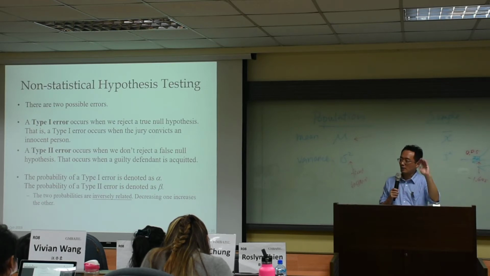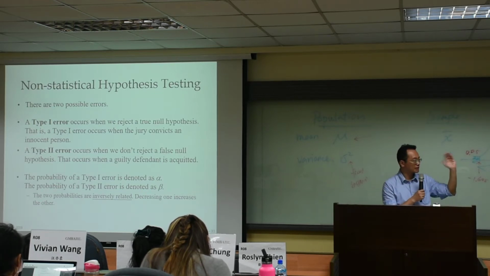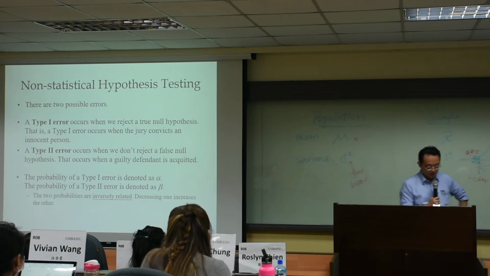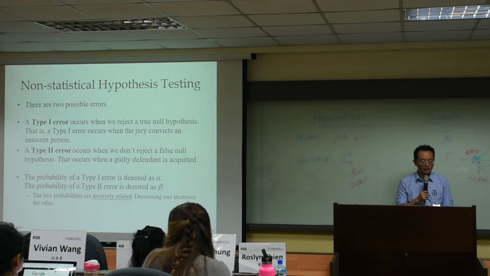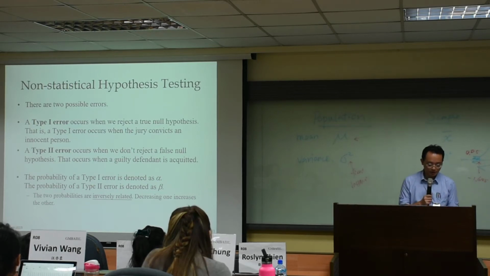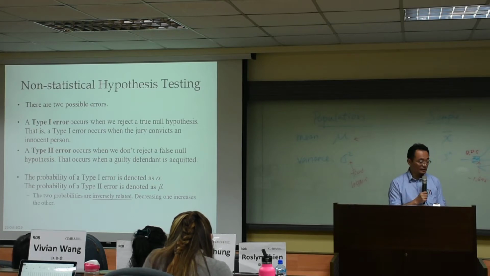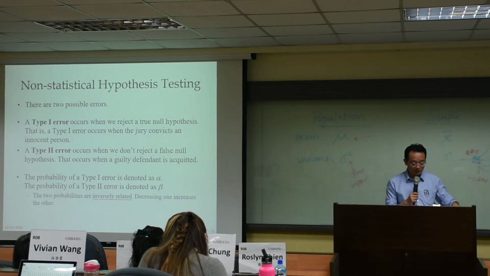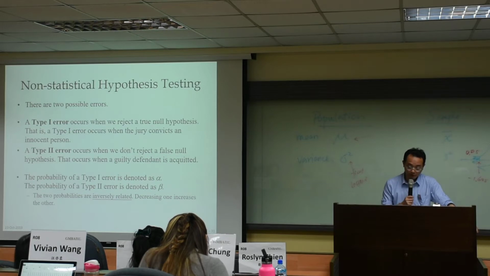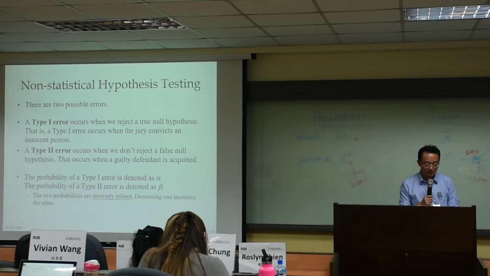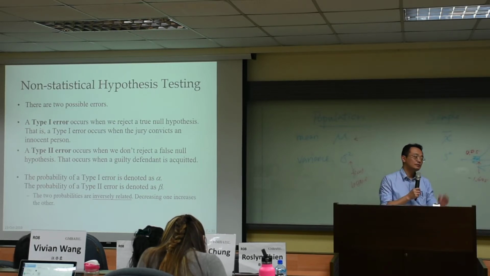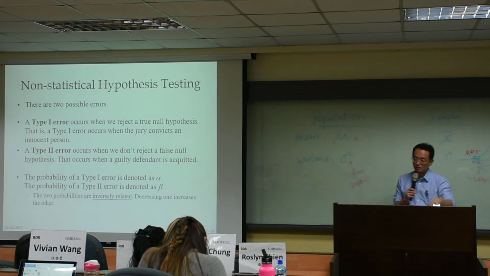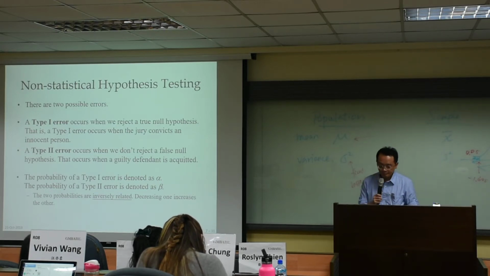Okay, so we have corresponding words for these two errors in Chinese, right? The probability of a type 1 error is denoted as alpha, and the probability of a type 2 error is denoted as beta. And these two, alpha and beta, are inversely related. Decreasing one will cause the other one to increase.